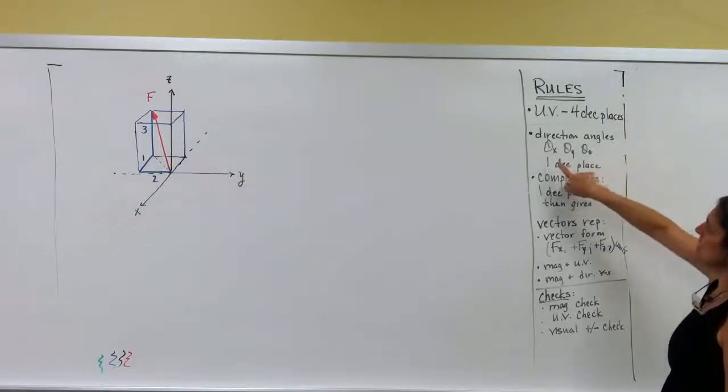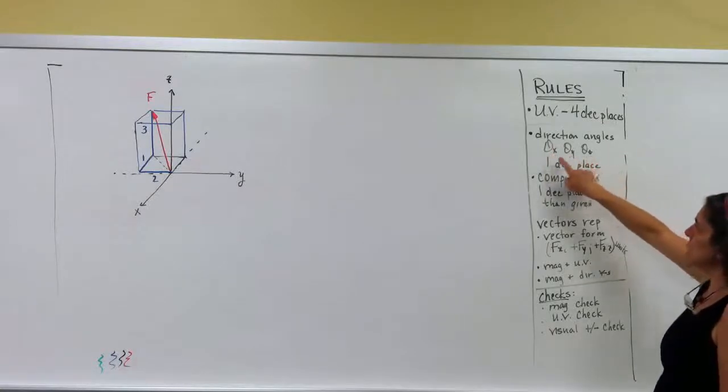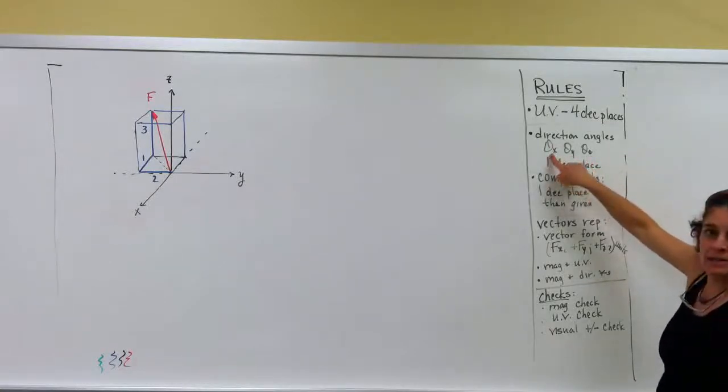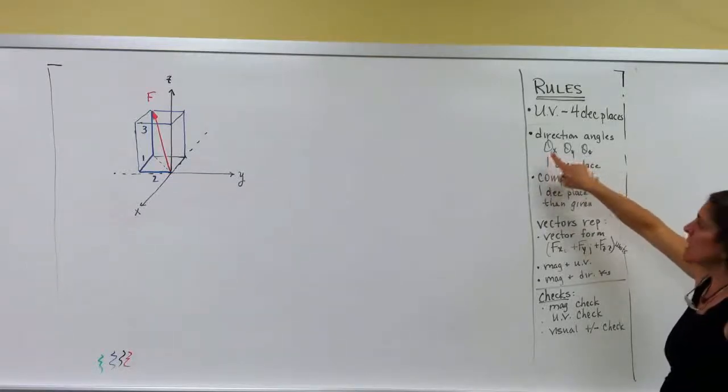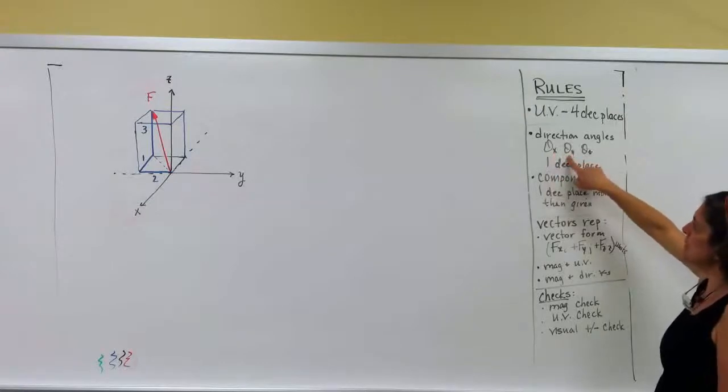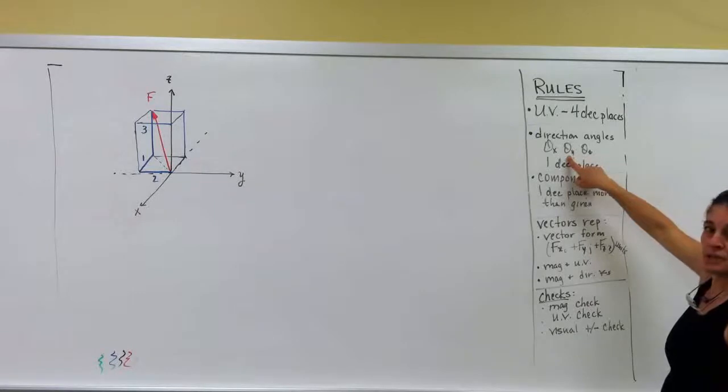Direction angles are theta x, theta y, and theta z. Just as a reminder, theta x is the angle between the force in question and the positive x-axis. Theta y is the angle between the force in question and the positive y-axis.